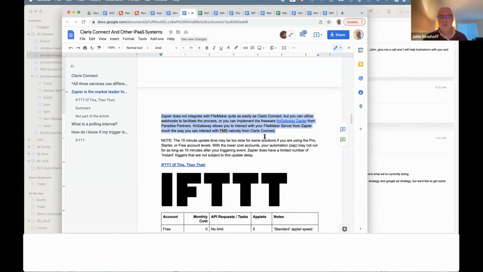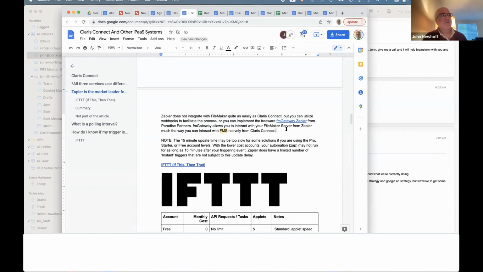I wouldn't rule out using FM Gateway Zapier. I like Claris Connect because Claris is the developer of FileMaker and the developer of Connect, and I have better confidence about the long-term support and viability. On the other hand, Zapier has 3,000 connectors, so the time may come where we use FM Gateway Zapier for something.